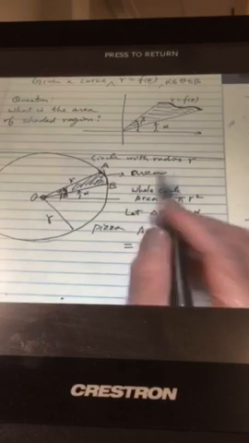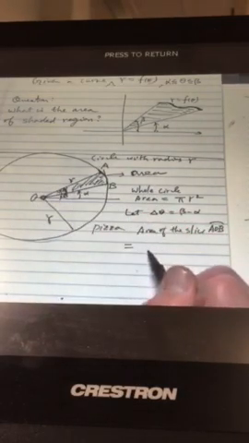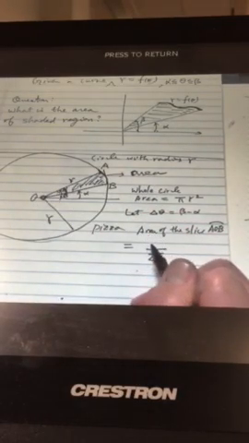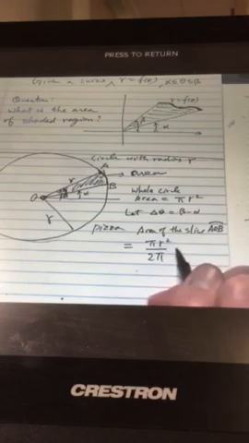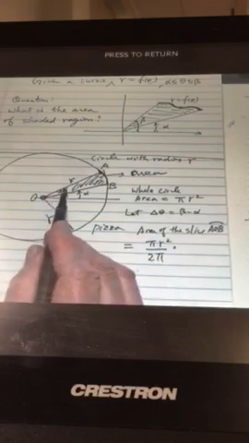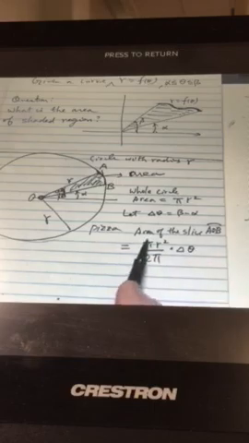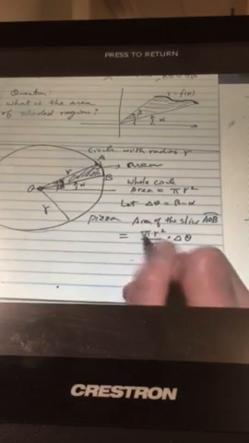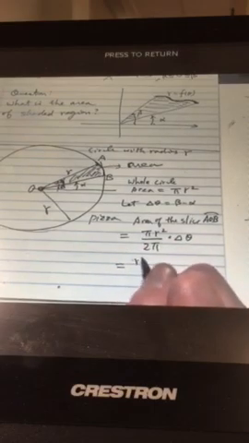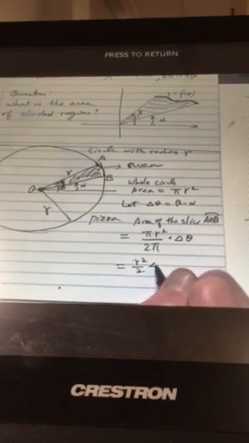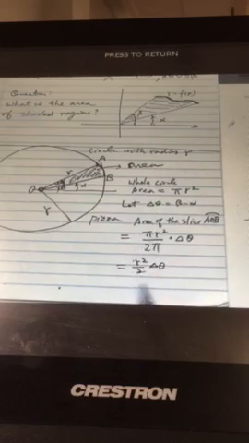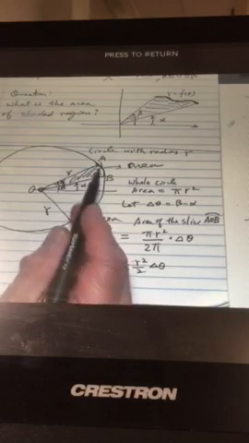If it is the whole thing, 2 pi, the area will be pi r squared. But right now I only have this little angle. So the area of the slice, if I cancel the pi, is r squared over 2 times delta theta. This is how large this one is.